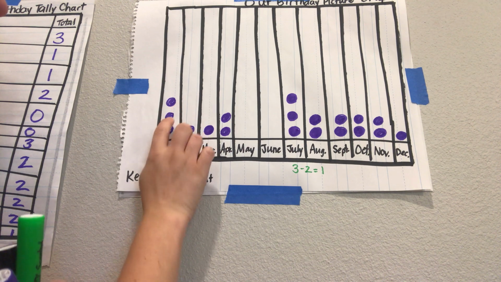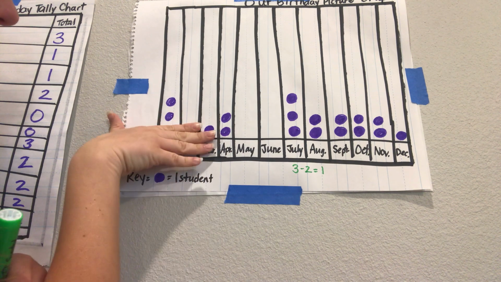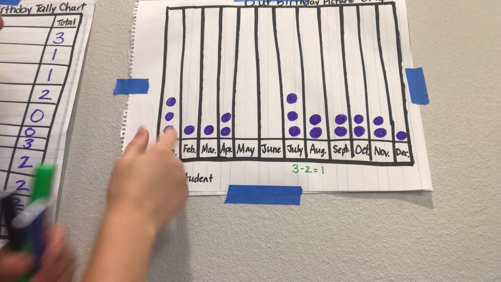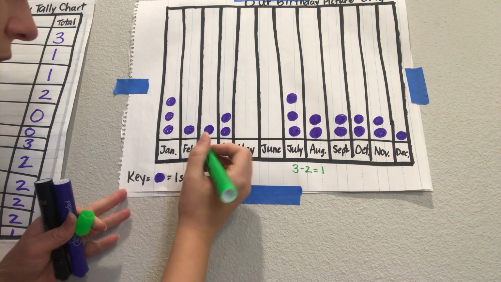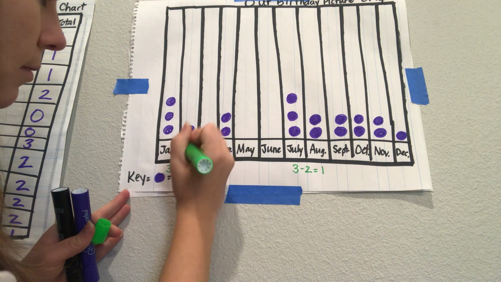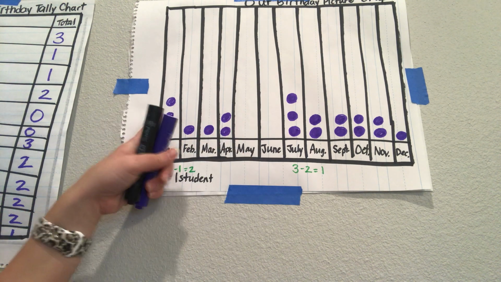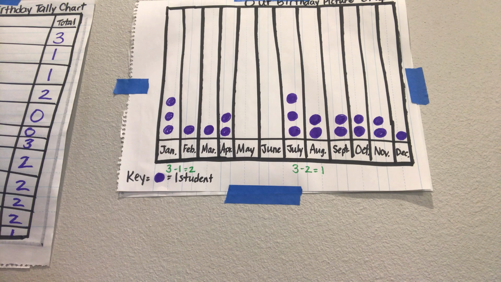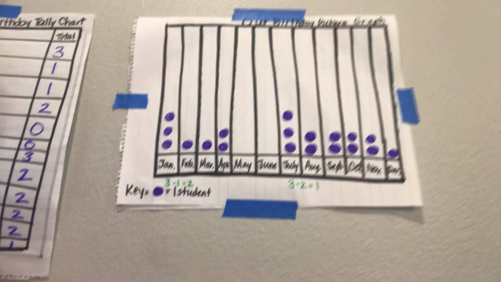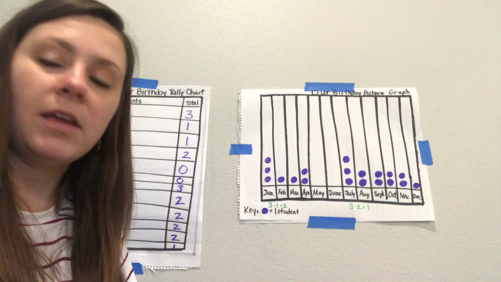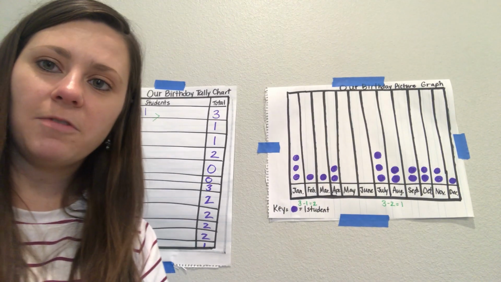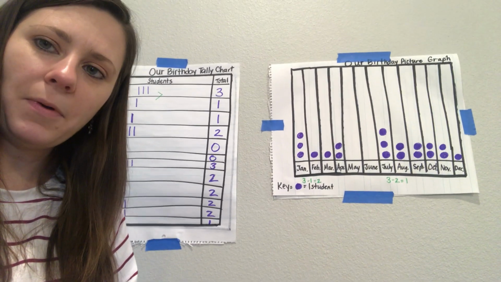January has 2 more than February does. See? 2 more. You could also do subtraction to solve the problem. 3 minus 1 equals 2. So January has 2 more students than February does. All right, I believe you have a survey question to answer after this, and tomorrow we'll pick back up on our graphing.